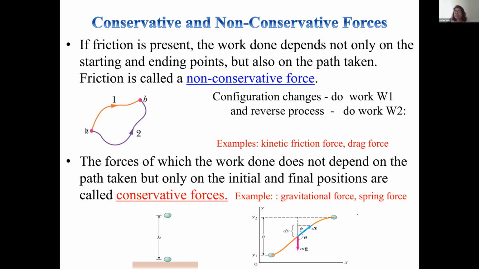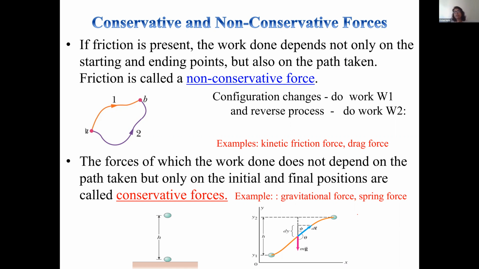What does non-conservative mean? Most of the forces we have are non-conservative. Simple examples are friction or air resistance. With friction, if you choose a path on paper going from here to here, but choose a metal path going from here to here, you have a different work done because of the friction effect.